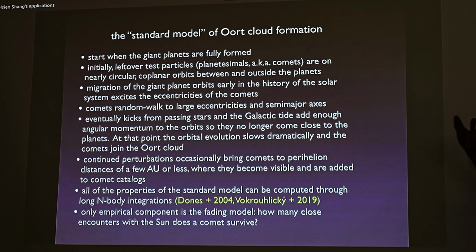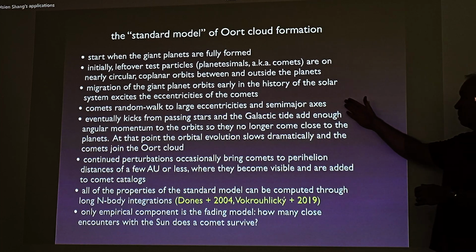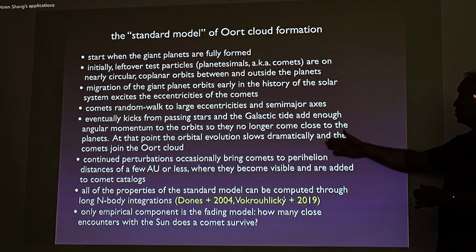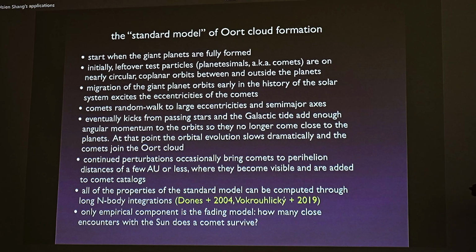And once they're in the Oort cloud, the continued perturbations from passing stars occasionally bring them back to perihelion distances that are small enough where they become visible. So this is a story that I've told. The nice thing about the story is that you don't have to rely on believing me.